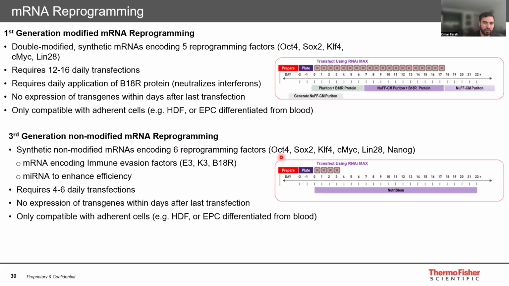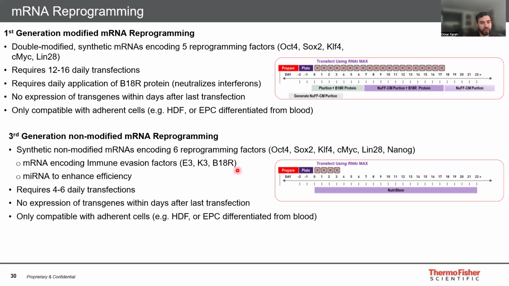So very similar to the transgenes in the episomal vectors we described: OCT4, SOX2, KLF4, CMYC, and LIN28, and in this case, we're also adding NANOG, another PSC-specific transcription factor. Now, along with those six mRNAs, there's also microRNAs and mRNA encoding for immune evasion factors like E3, K3, and that B18R that we talked about, right?